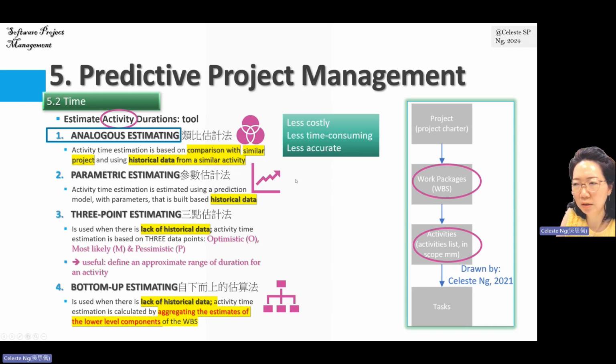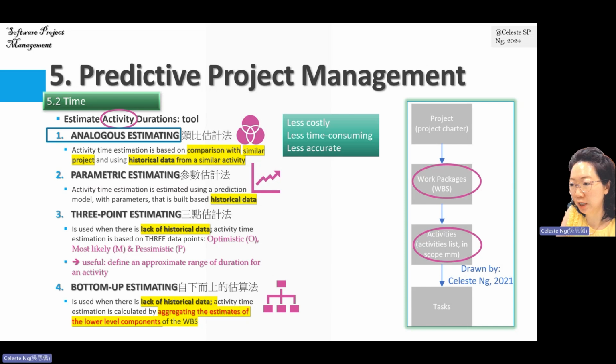All right, and because this type of duration estimating is based on historical data from similar activities, it has some disadvantages. The first one is that it could be less accurate, but the advantage is that it is less costly and less time consuming, because we are only comparing our current activities with what we have done in the past.